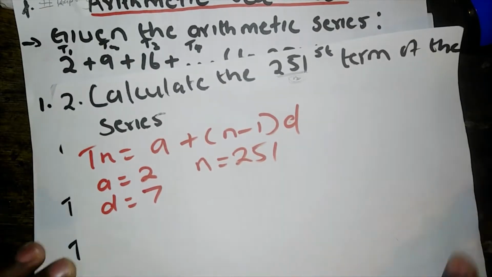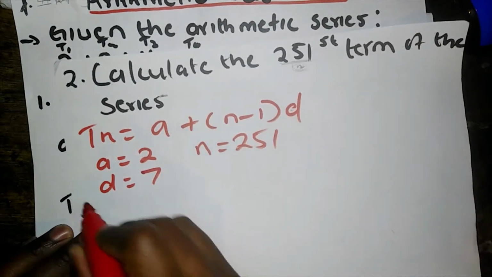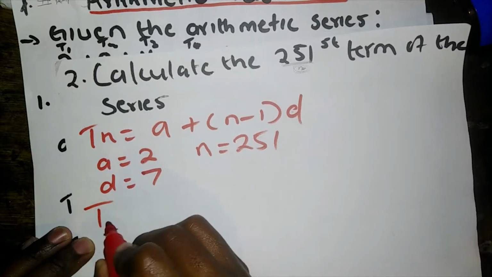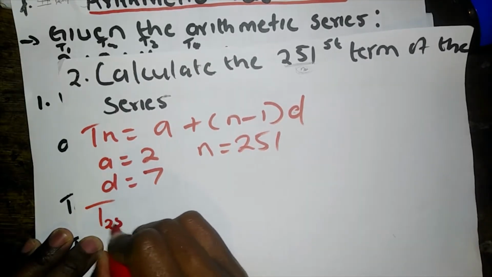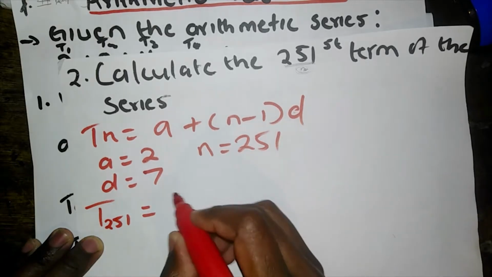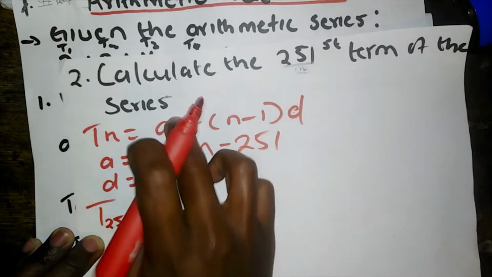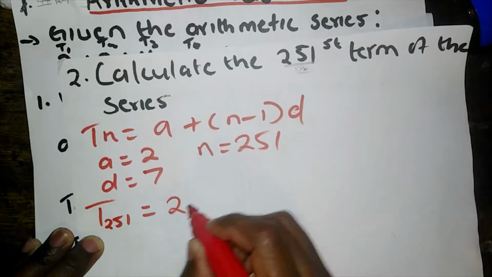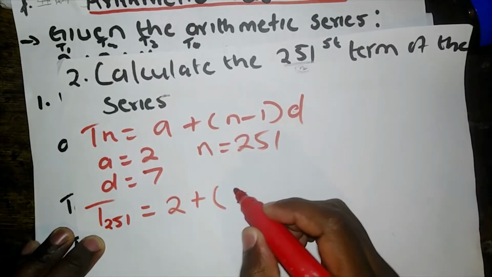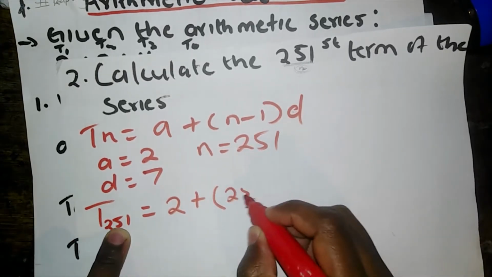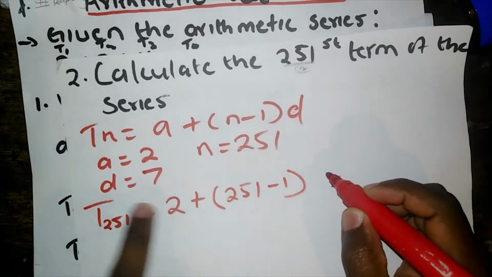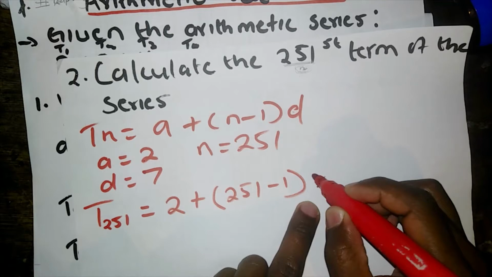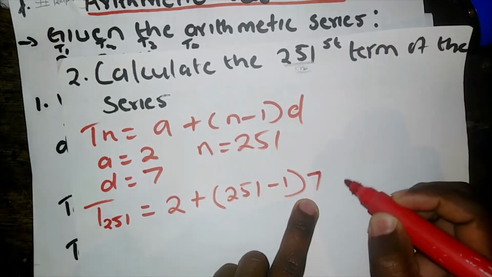So instead of n, we put 251. T251 is equal to our a, which is 2, plus our n, 251, minus 1, times our difference d, which is 7.